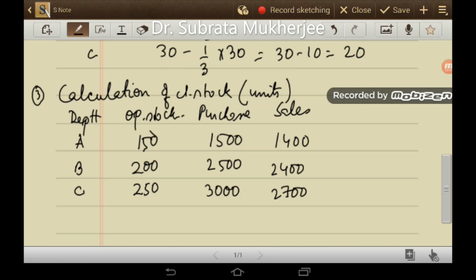So what are the units in closing stock? Closing stock is calculated as opening stock plus purchase less sales. So for department B this will be 300, and for department C this will be 550.